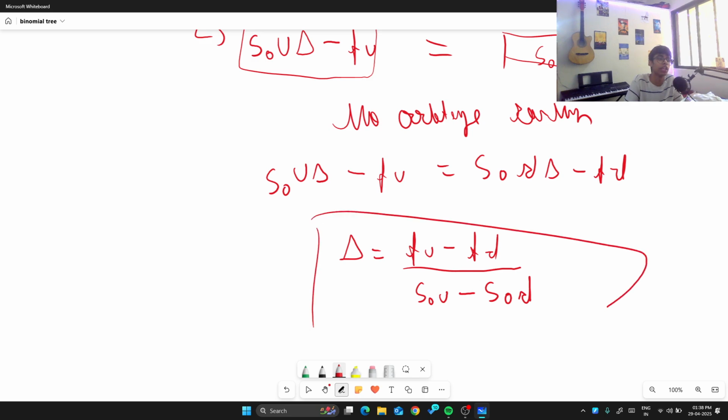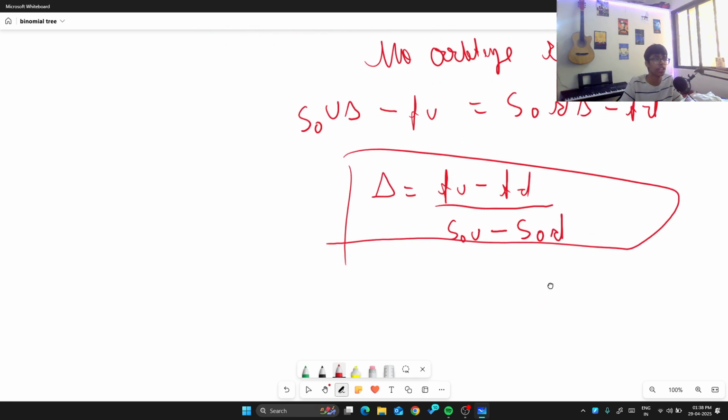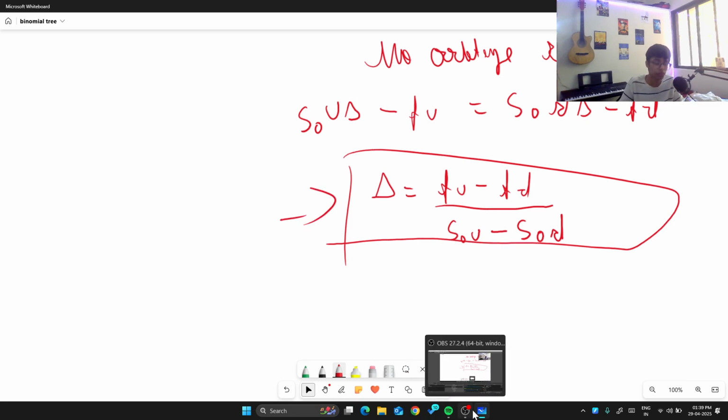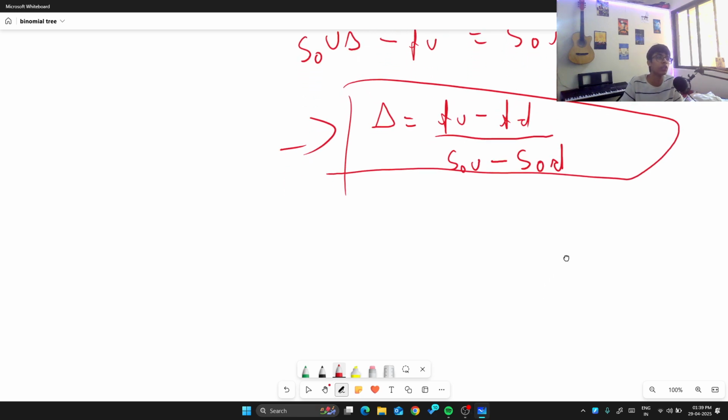This is delta, and you can understand it as the sensitivity to the underlying, or the rate of change of the option or derivative with respect to its underlying instrument. This formula has come because of this no arbitrage argument.